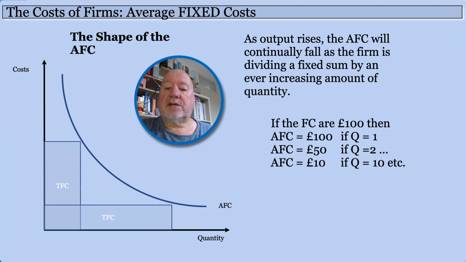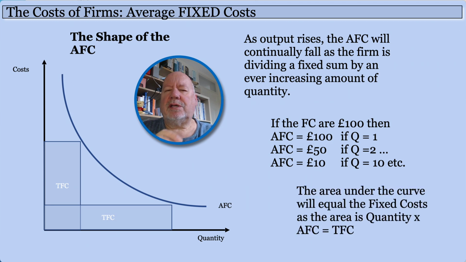Double the quantity, you're now dividing this 100 by 2, so you're getting 50. So it goes down quite considerably when it starts, and then as it goes on you're dividing the same number by an ever increasing quantity until you get to much lower and lower amounts, but it's never going to turn up.